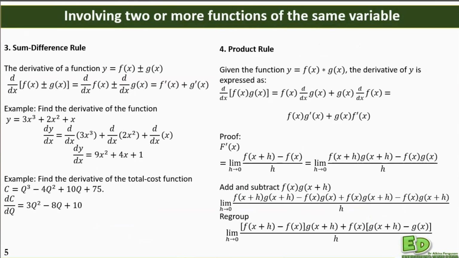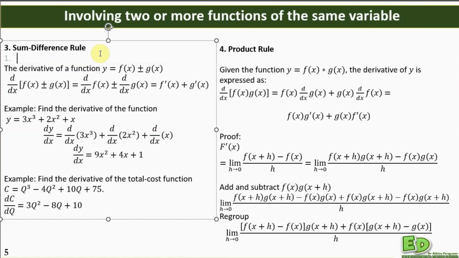Let's look at the other rules under differentiation. Okay, so we have the third rule, which is called the sum or difference rule, for two or more terms of the same function, right? So the sum or difference rule simply means that you are given a function, but the binary operations there will determine how you go about it.